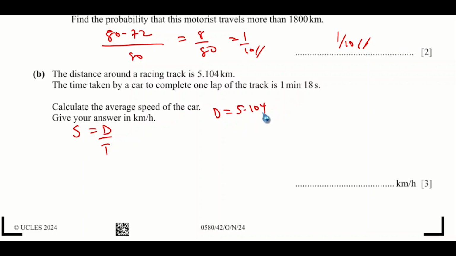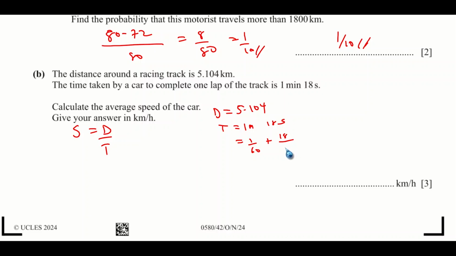But the time, we need to convert the time. So the time is 1 minute, 18 seconds. To convert them to hours, 1 minute to an hour will be 1 divided by 60, then plus 18 seconds to an hour, it will be 18 divided by 60, then divided by 60 again.